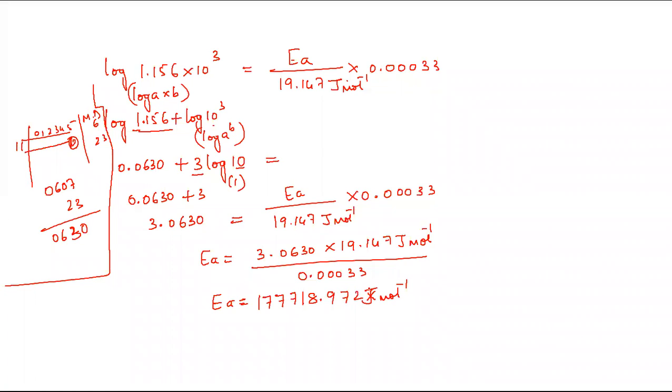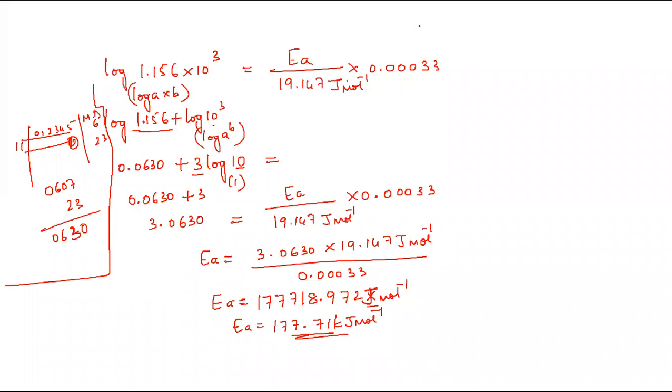Since we have a long number, let us convert joule into kilojoule. In order to convert joule into kilojoule, divide that number by 1000, because 1 kilo is equal to 1000. So your final answer will be 177.71 kilojoule per mole. Okay, so this is the final answer.